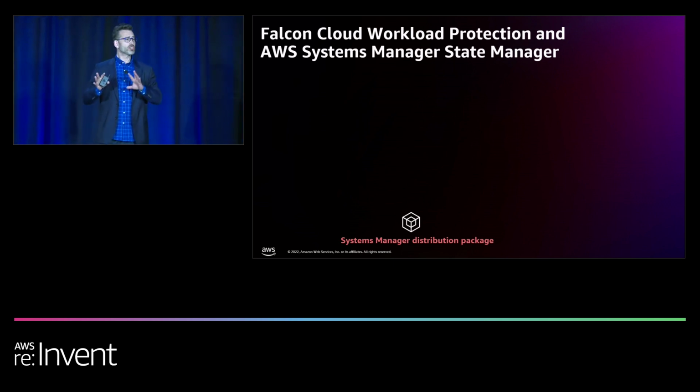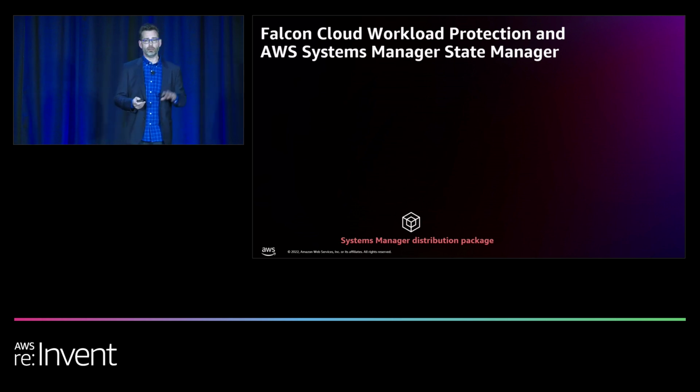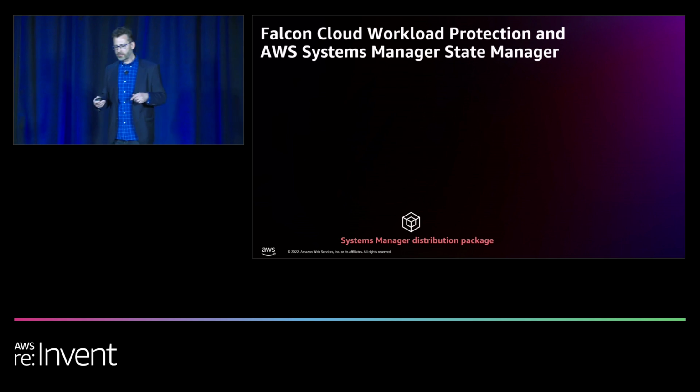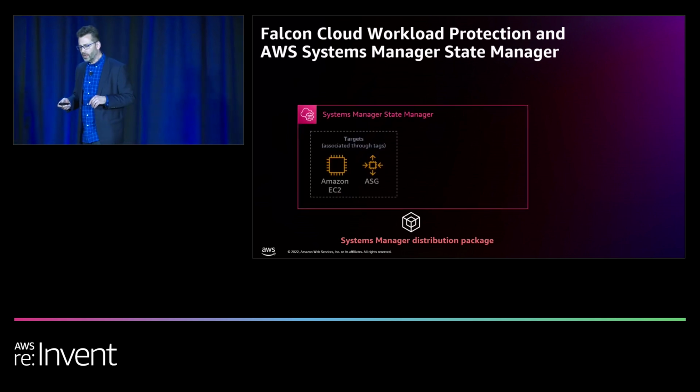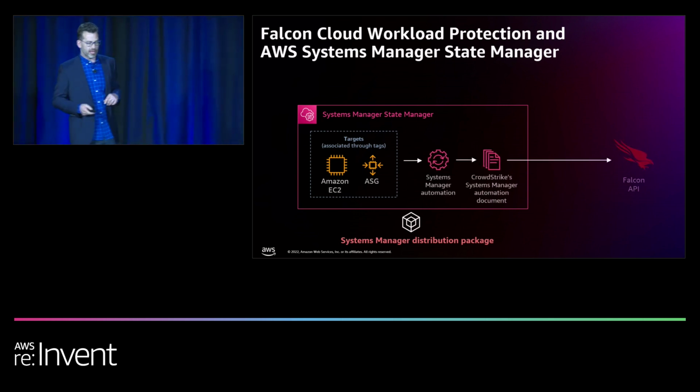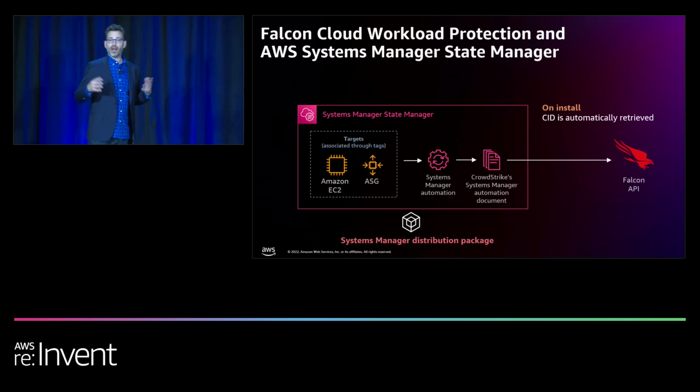State Manager makes sure that the configuration of your EC2 instance adheres to whatever configuration standard that you create. So you create a new instance, that distribution package is invoked. A call is made to the Falcon API.